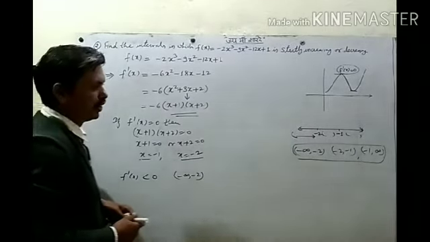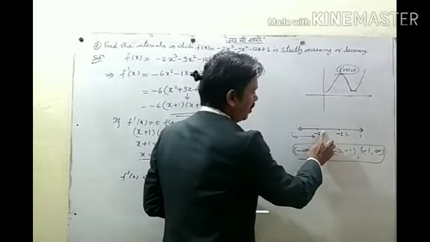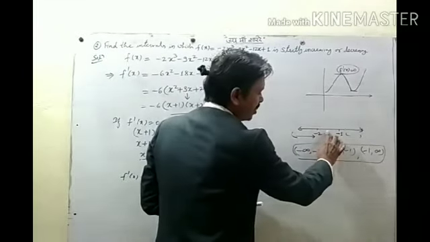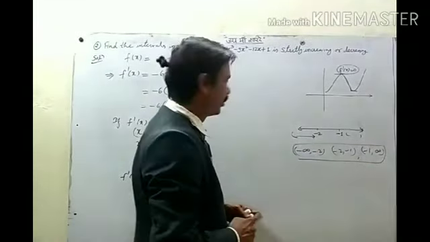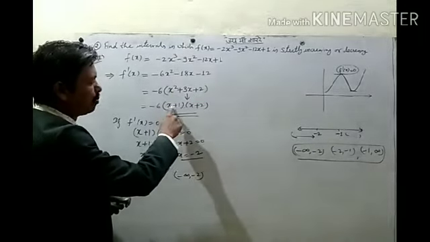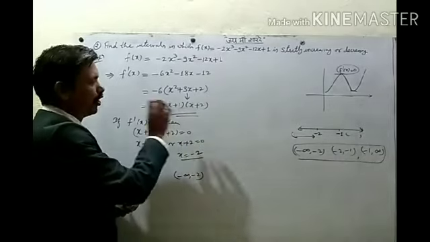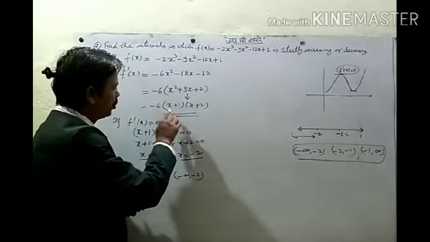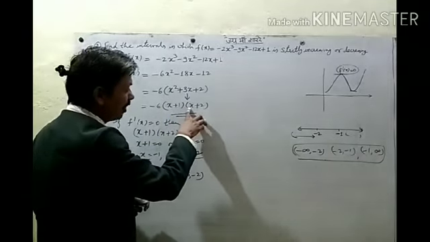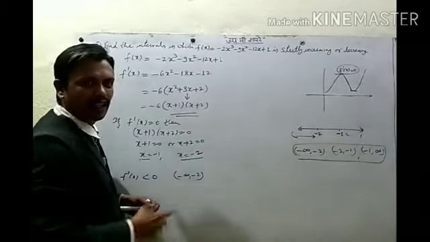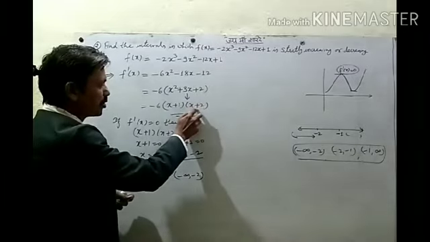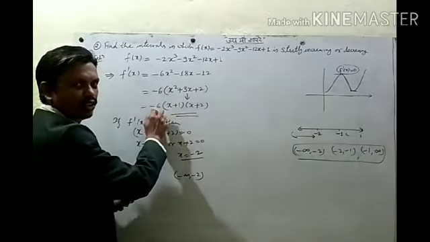Okay? Then in the interval minus 2 to minus 1, any one number we can take, say minus 3 by 2, minus 1.5. Minus 1.5 plus 1 is negative. We need only the sign, we don't bother about its value. Minus 1.5 plus 2 is a positive value, so positive, negative, negative gives a positive value.